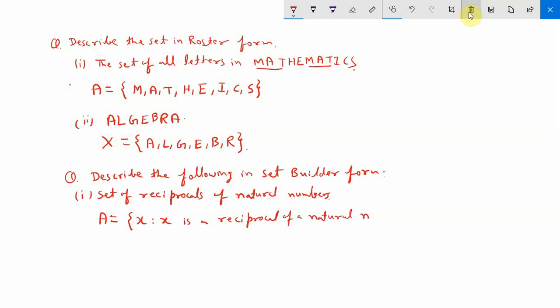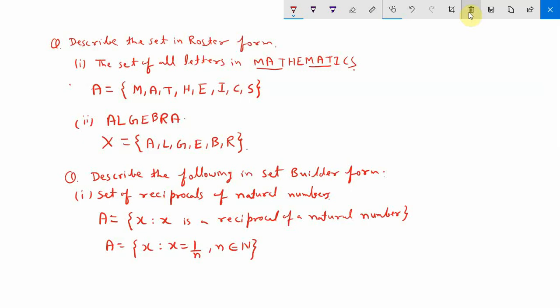In the property form, we have written this. Or A can also be written as X such that X equals 1 by n and n is an element of natural numbers. Okay. So in this way we can write.